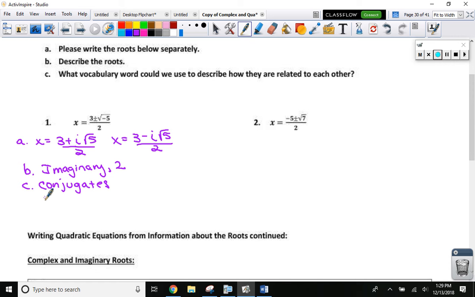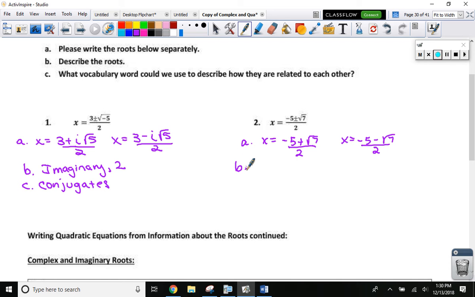All right, so reminder, we'd already talked about this. Imaginary roots always come in pairs, correct? Conjugate pairs. Okay, how about this one? We'll write it separately. Careful. Good. And then x equals -5 minus 5 plus 1 minus 2.